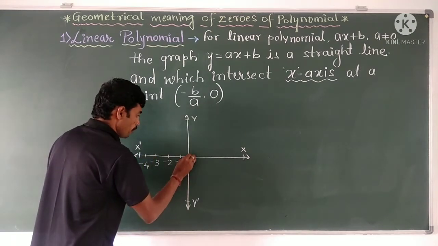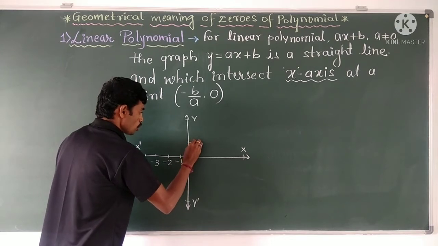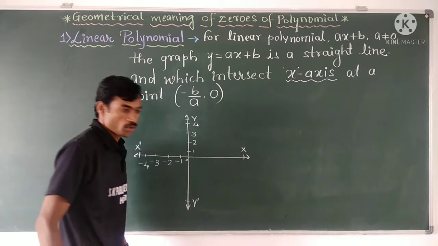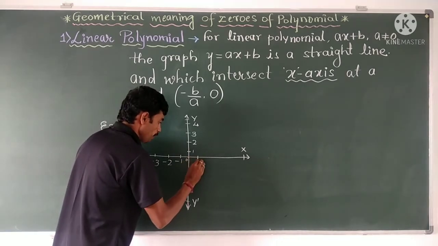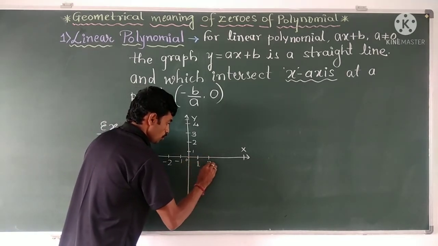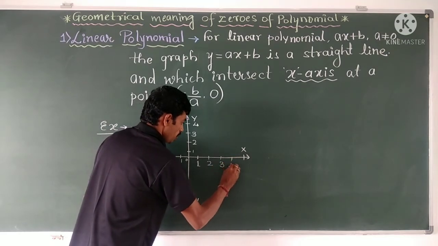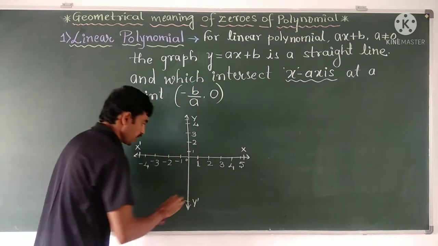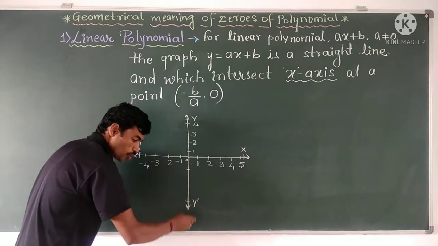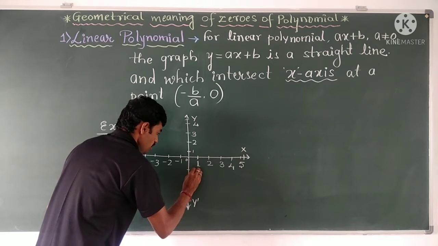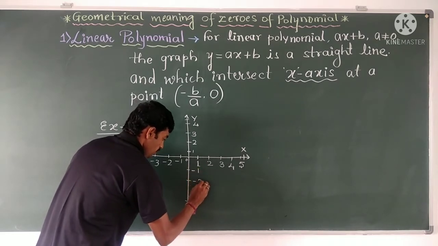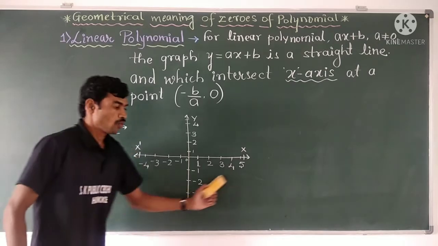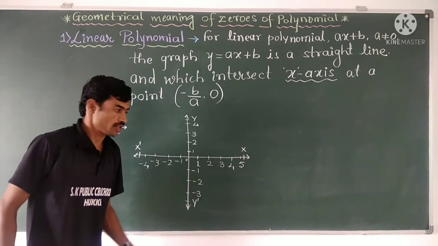From 0 upward we take 1, 2, 3, 4. These are the units used. Then from 0 to the right again positive: 1, 2, 3, 4, 5, and so on; you can extend that line. From 0 downward again negative integers: -1, -2, -3. So this is what we call the Cartesian system.